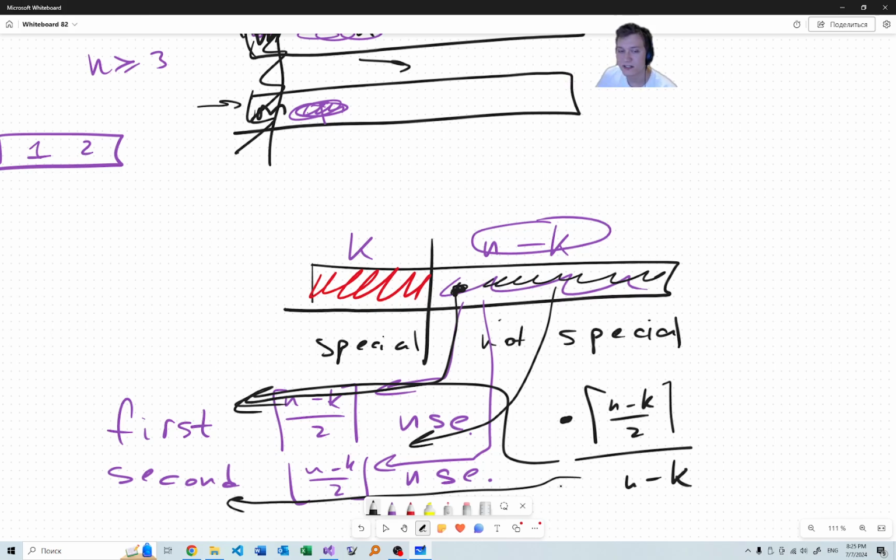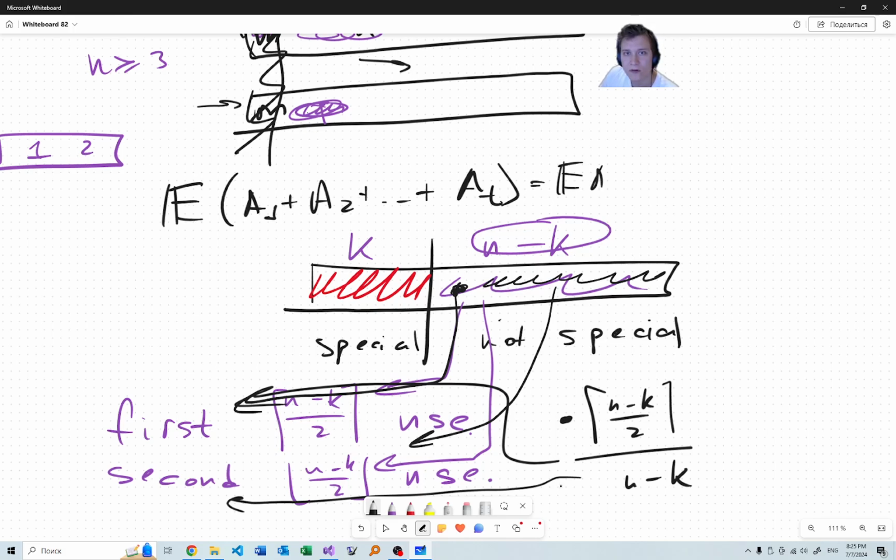The mathematical expectation of a sum of several random variables is just additive. It is the sum of separate mathematical expectations, independent or not. Okay?